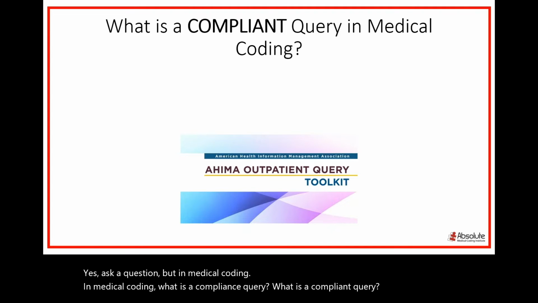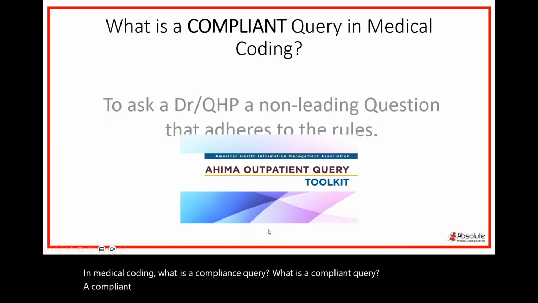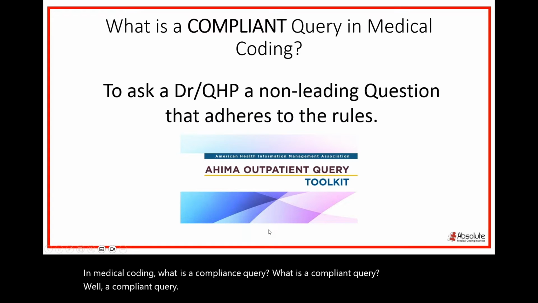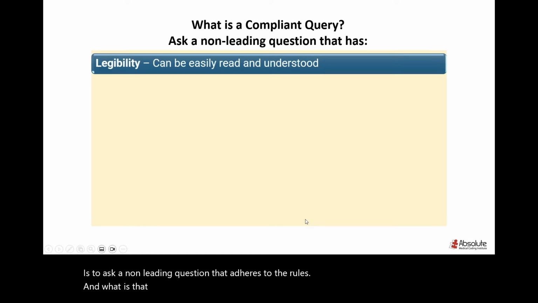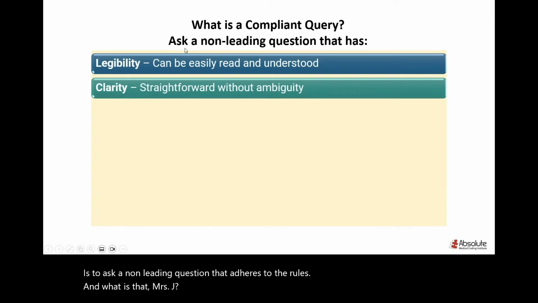Well, a compliant query is to ask a non-leading question that adheres to the rules. And what is that, Mrs. J? This is to ask a non-leading question that has legibility.